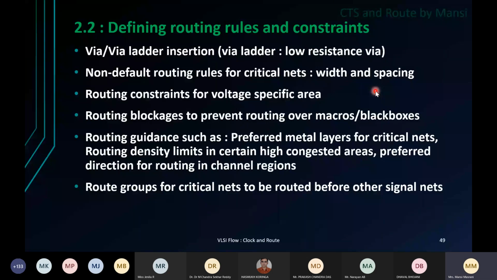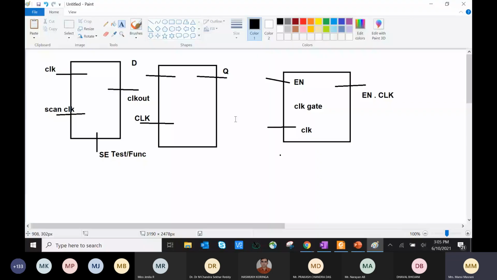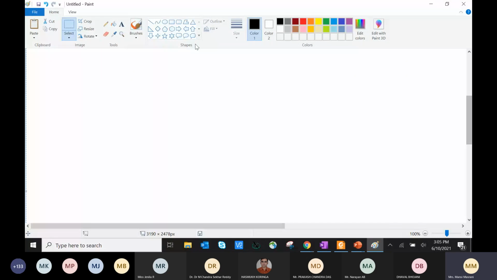Let's talk about it so that we know the things better. Okay, let me draw over here. This is my metal layer, and this is my horizontal metal layer. Let's say these are all the horizontal metal layers.